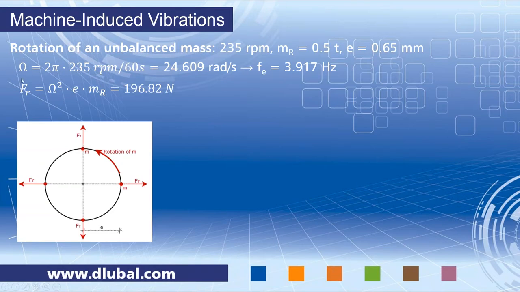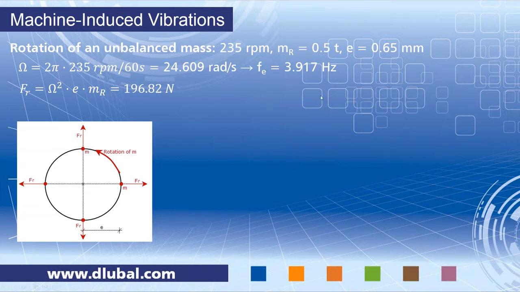So we can calculate the excitation frequency. That's just a simple unit conversion from rounds per minute into radians per second or into hertz. So we have an excitation frequency of 3.9 hertz. And everyone who has just listened to the natural frequencies, I have chosen the excitation in a way that we definitely will have a case of resonance today when we study the structure linear.